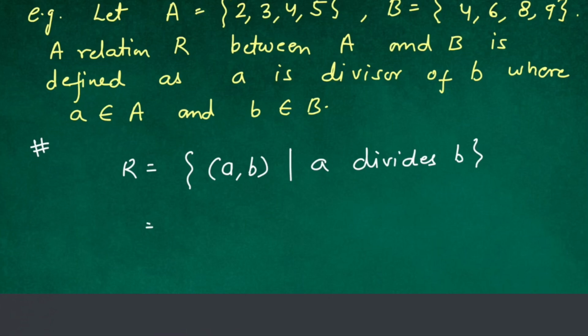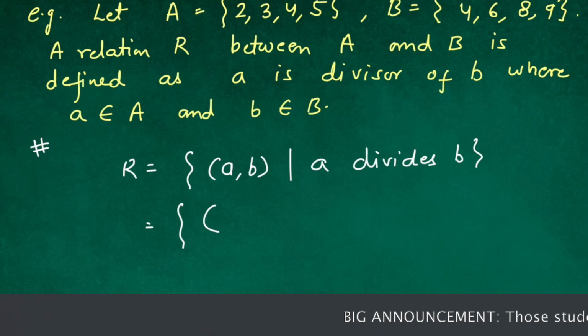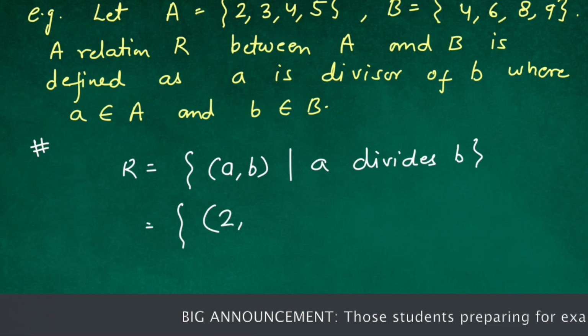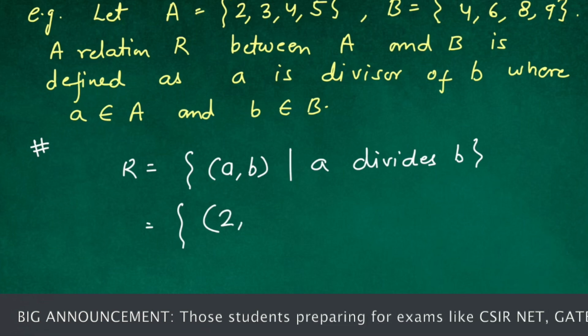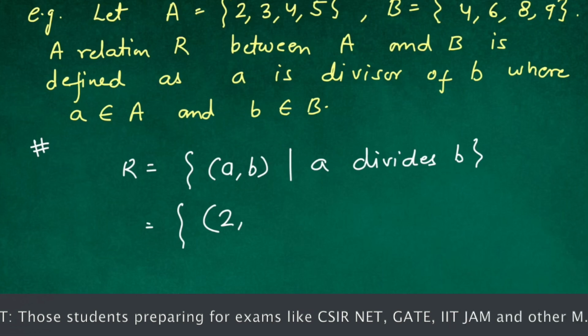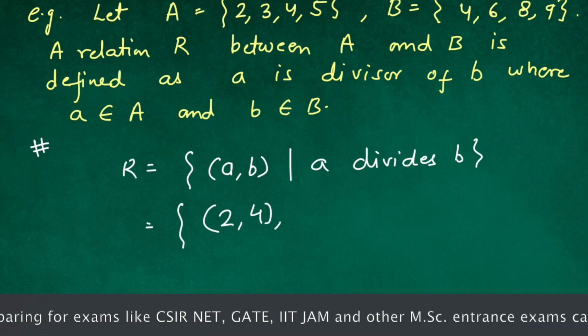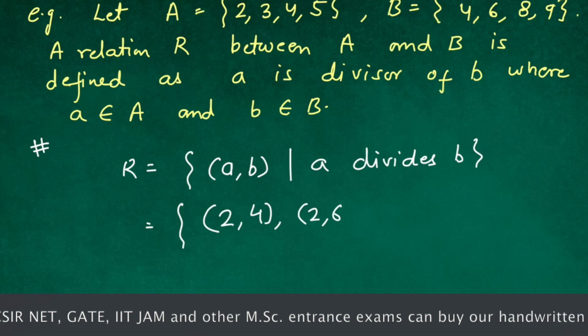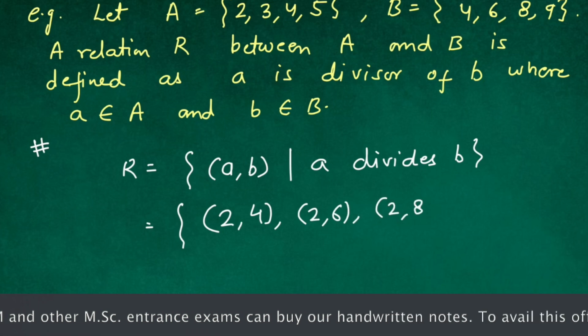Now let's write some elements. 2 is an element of set A, and we know that 2 divides 4, 2 divides 6 and 2 divides 8, right.